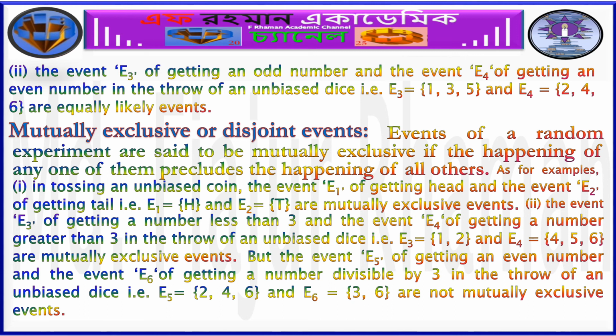In case of mutually exclusive events, there are no common sample points. But if the events are not mutually exclusive, then they have at least one common sample point.